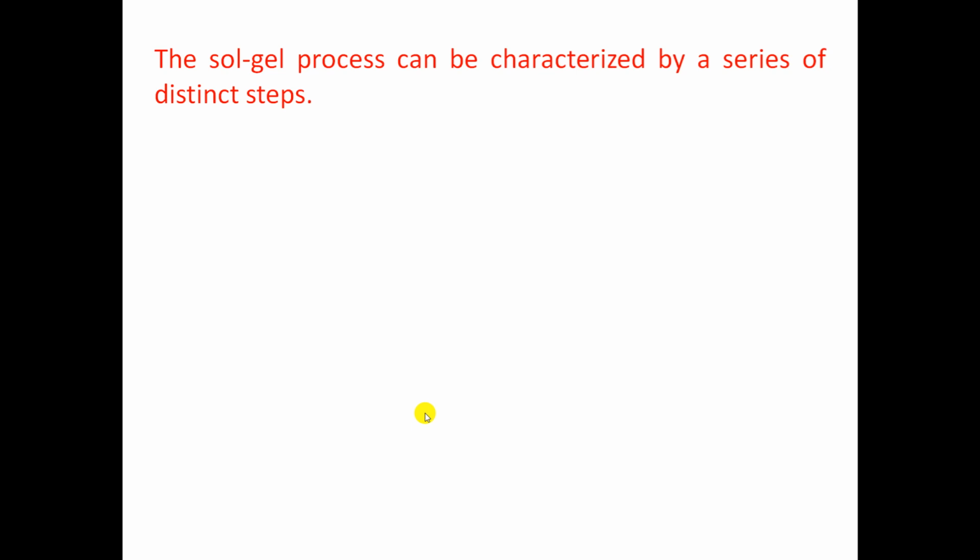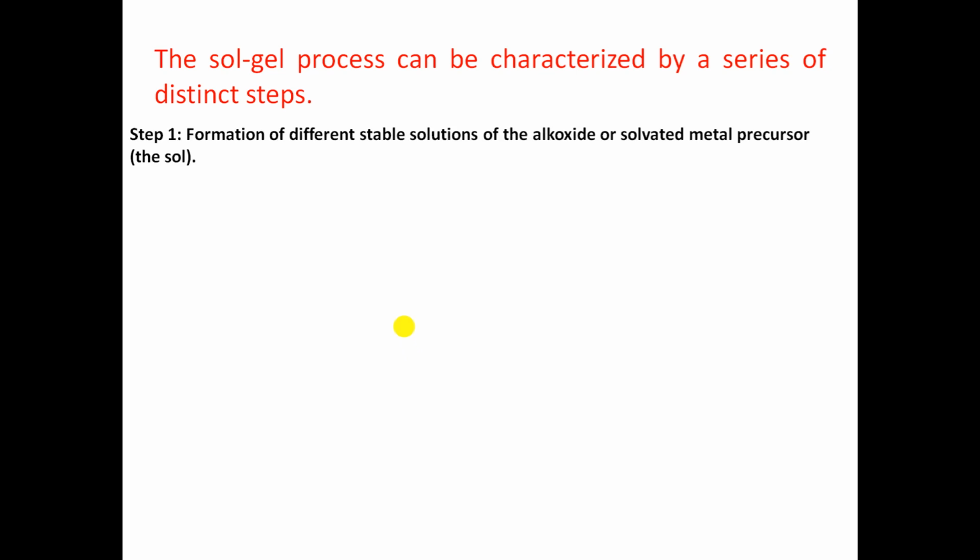The sol gel process can be characterized by a series of distinct steps. First step is formation of different stable solutions of alkoxide or solvated metal precursors. Second step is gelation.